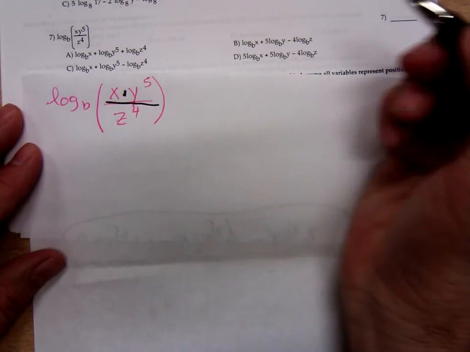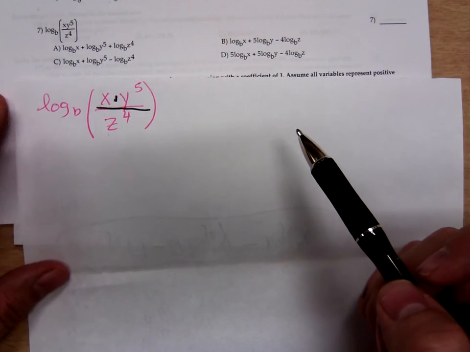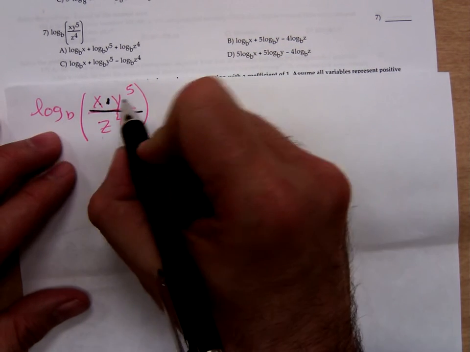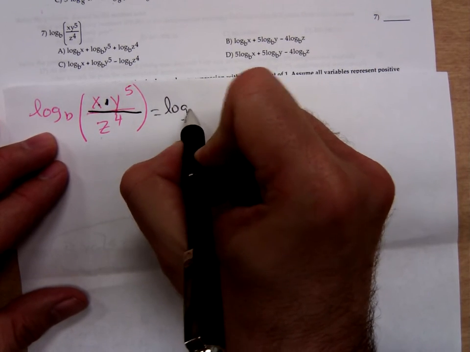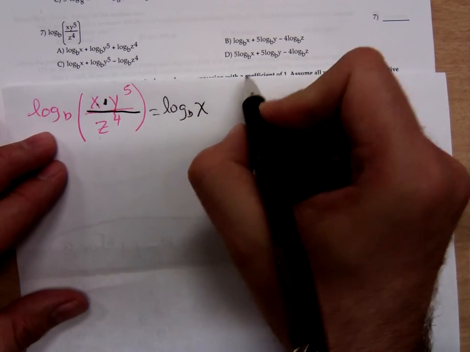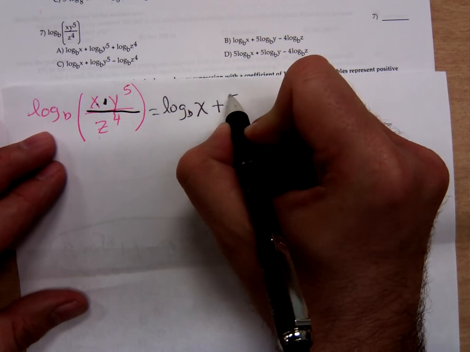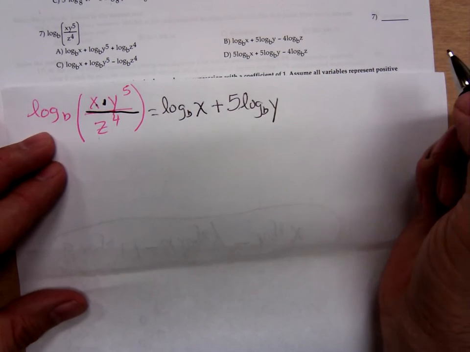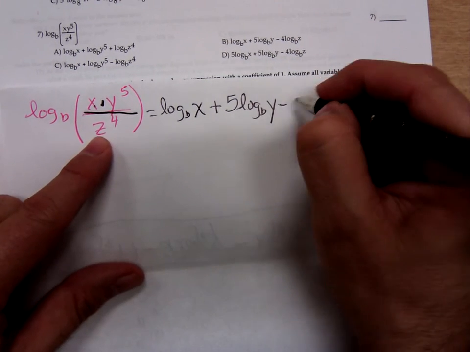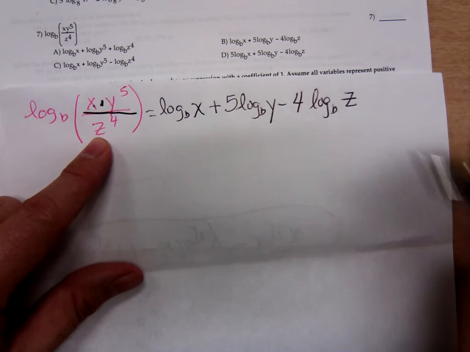So there's going to be 3 logarithms. How many minus signs? Just 1. Okay, so we start off. There's not an exponent on that x, so it'll be log base b of x, plus 5 log base b of y, and then a minus 4 log base b of z.